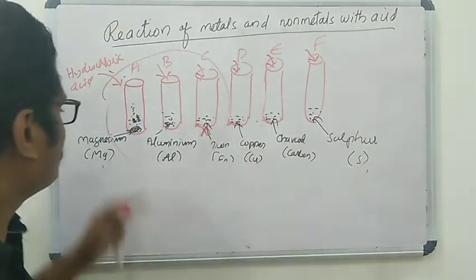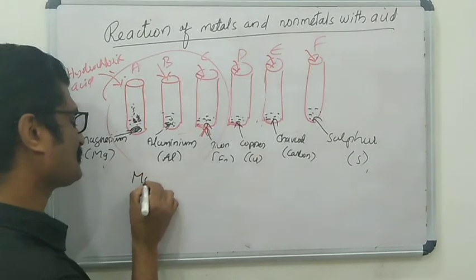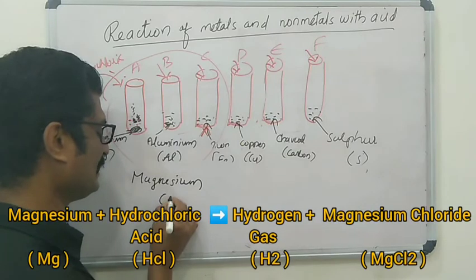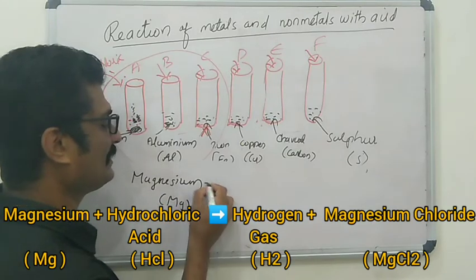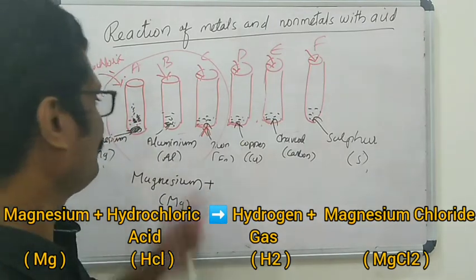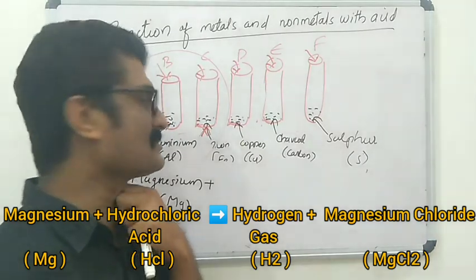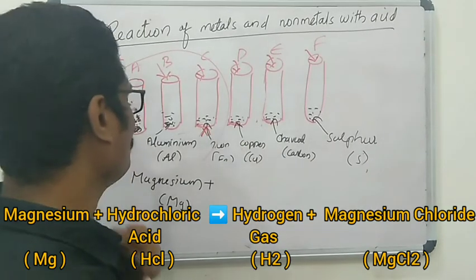In the first test tube we had magnesium ribbon, its symbol is Mg, and a few ml of dilute hydrochloric acid is added to this test tube.